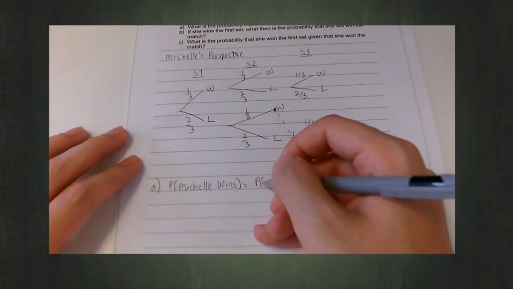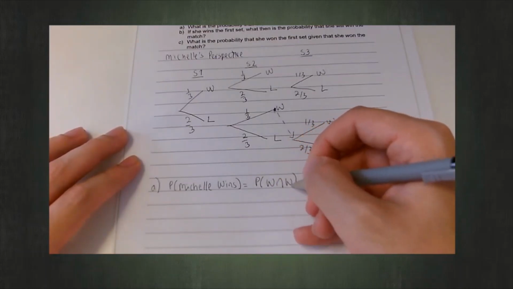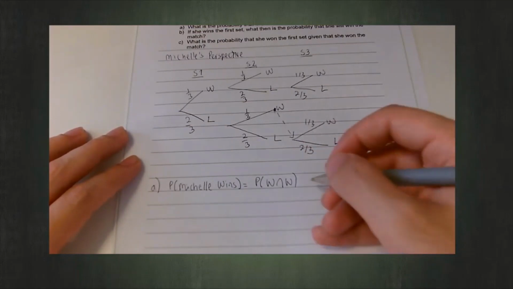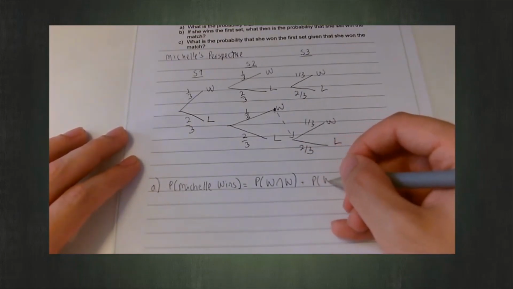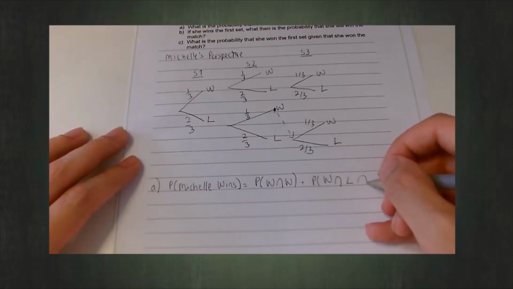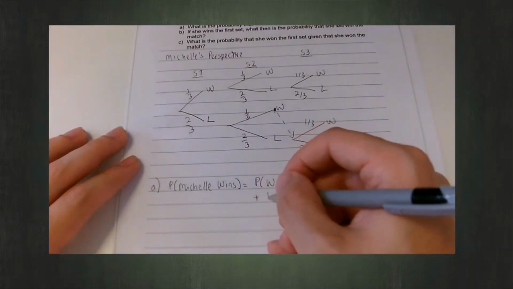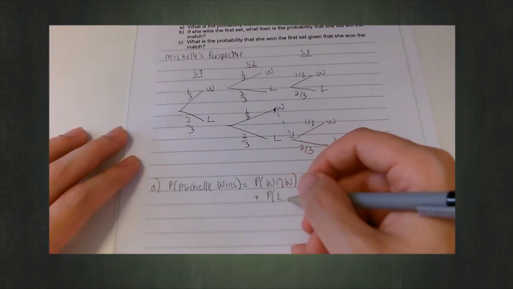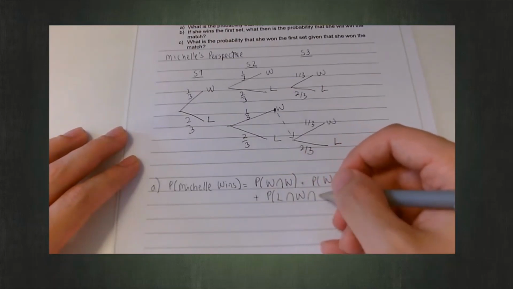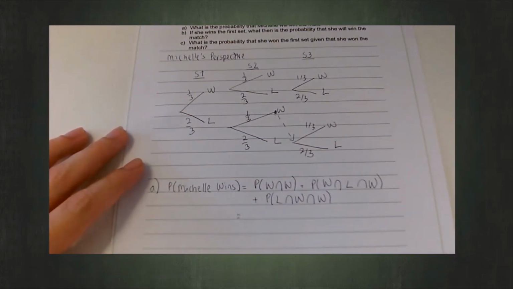Well, that could be where she wins the first set and she wins the second set, or she wins the first set, loses the second set, and then wins in the tiebreaker. And obviously she could lose the first set, win the second set, and come back from behind to beat Kim 2-1. Okay? And obviously, as we've been doing, you'd multiply across these probabilities.